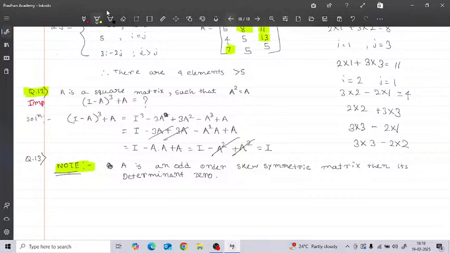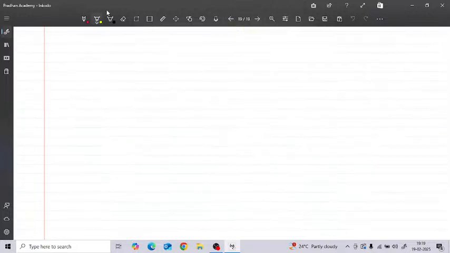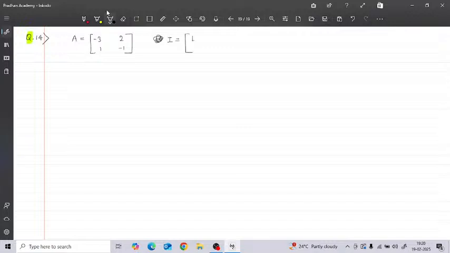Okay. So let's move to the next question. Our next question is: if A equals minus 3, 2, 1, minus 1 and B is not given, the identity matrix is given, 1 0 0 1.